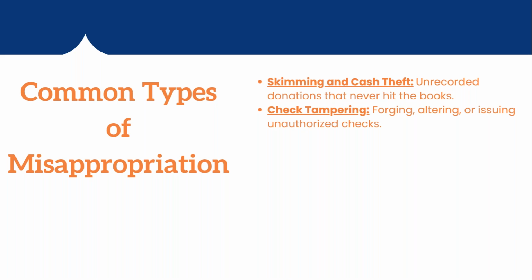Then there's check tampering. Someone can forge, alter, or issue unauthorized checks, where a trusted staff member has a lot of control. We'll speak a little bit more on how to prevent that.